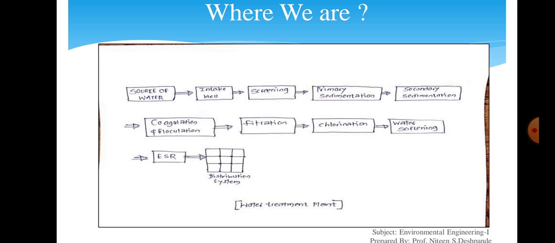In the next lecture we will see some water distribution systems, what factors or requirements are considered in the design of a distribution system, and what the different types of elevated service reservoirs are, in more detail.